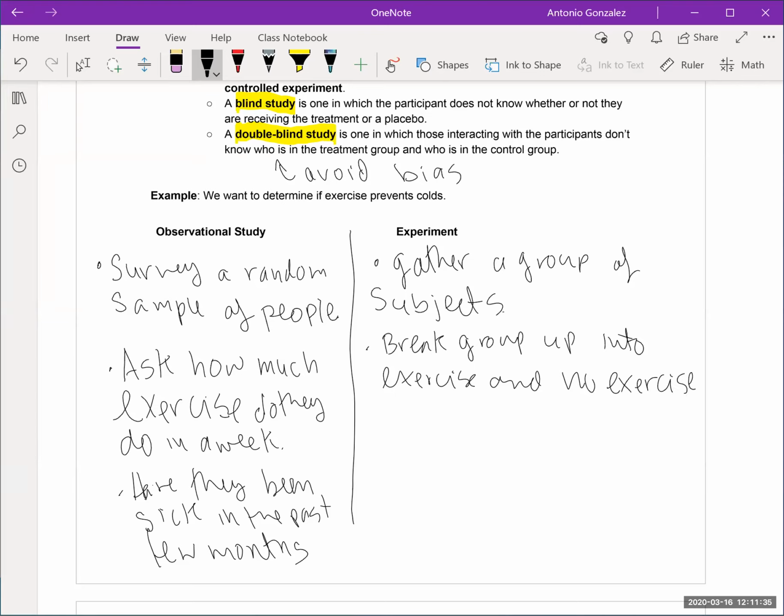The idea here is that this gives us a little more control, where we are tracking them instead of asking them. We track their health over a period of time.